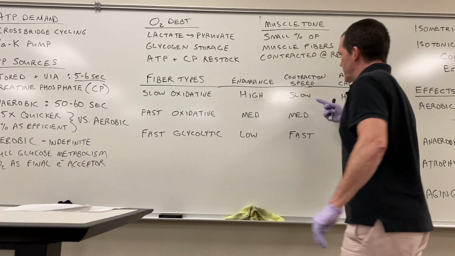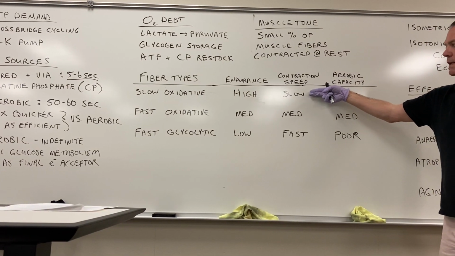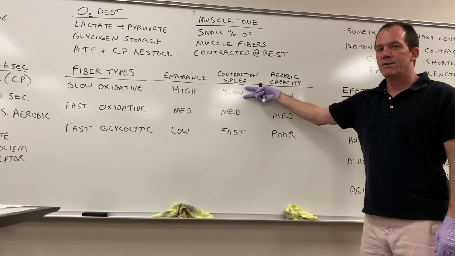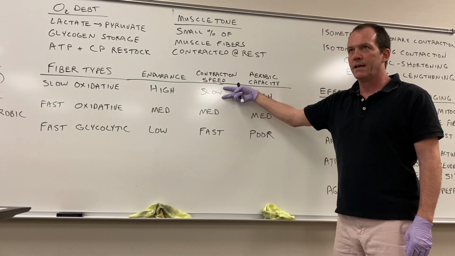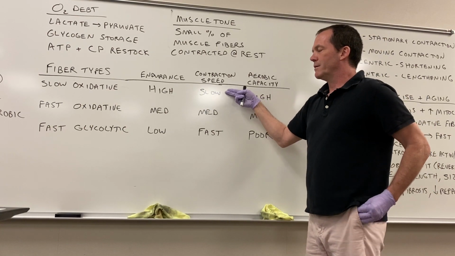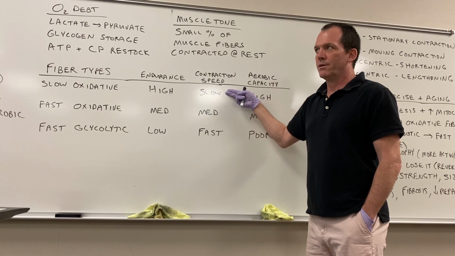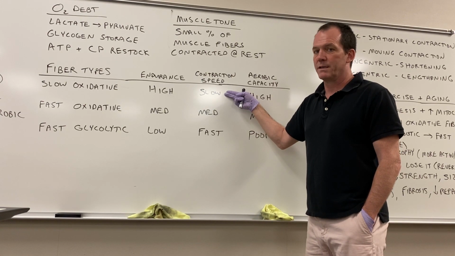Contraction speed, let me switch sides. So contraction speed, these guys are slow. This is why really super long distance runners oftentimes don't have a great sprinting ability. Now, if you're an Olympic 10K runner, your sprint is going to be better than most people's just because you're a super athlete.